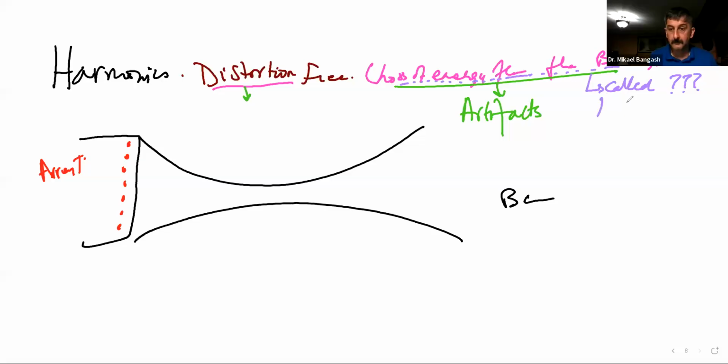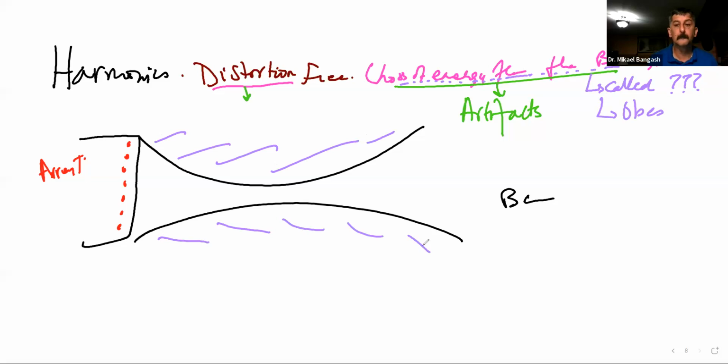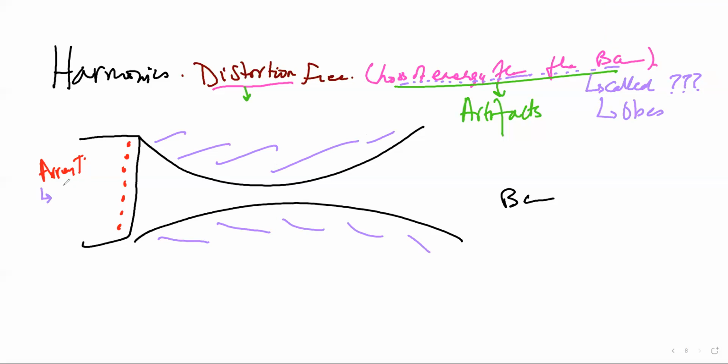Yes. Now, this was an array transducer, so what kind of lobes would we get? Grating lobes.